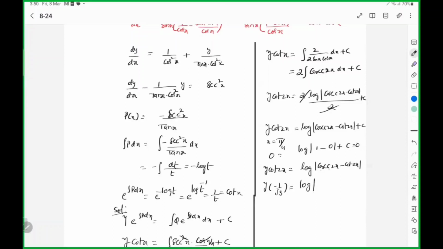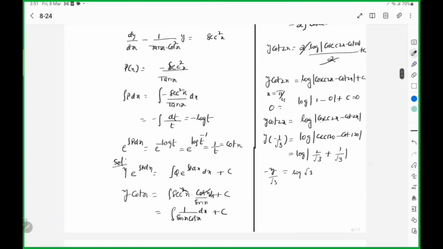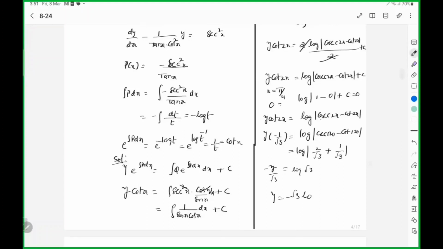Log cosecant 2 into 60, cosecant 120 minus cot 120, 2 by root 3, cot 120 is cot 180 minus 60. So it is log root 3. Y here is minus root 3 log of root 3 plus c.